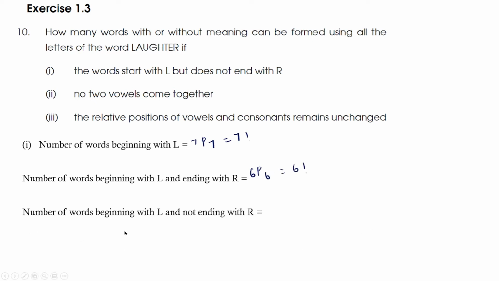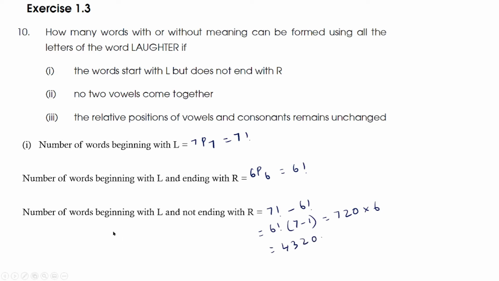So the number of words beginning with L and not ending with R will be the number of words beginning with L minus the number of words beginning with L and ending with R. So this will be equal to 7 factorial minus 6 factorial, or 6 factorial is common and can be taken outside, into 7 minus 1. 6 factorial we know is 720, into 7 minus 1 is 6. So this is equal to 4320.